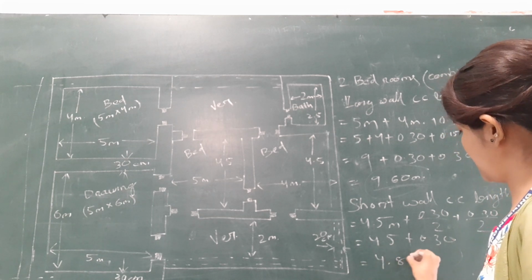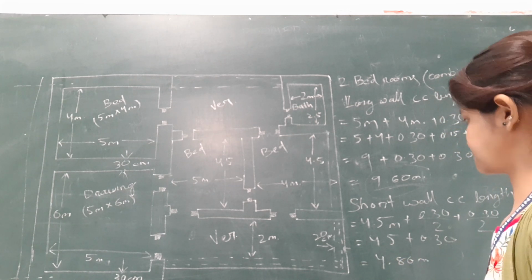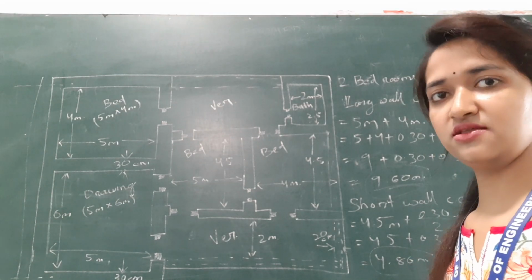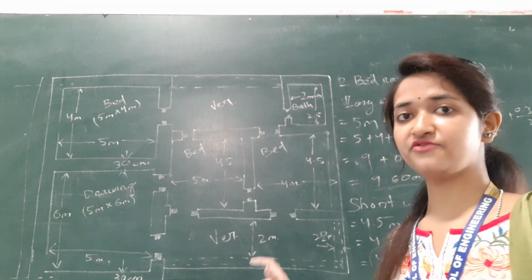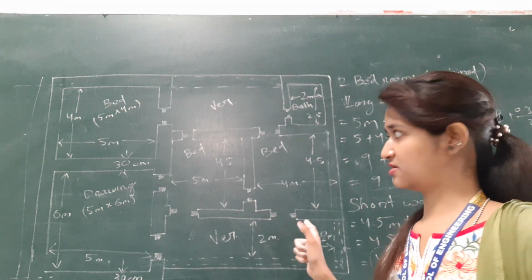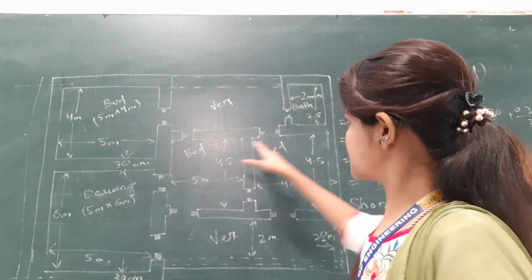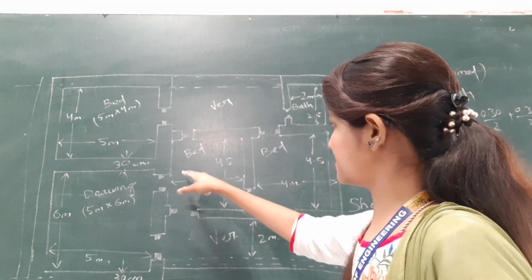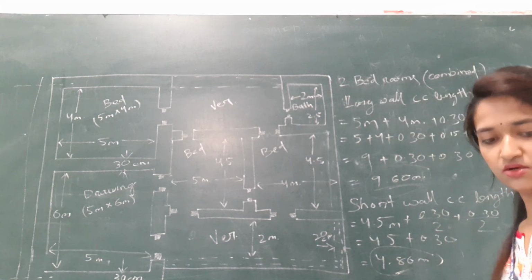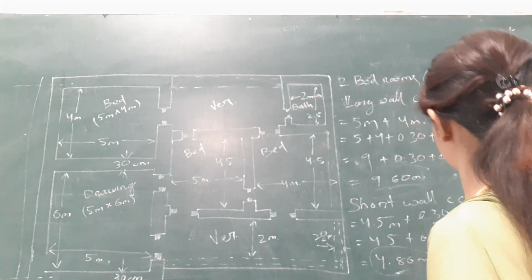So 0.80 meter. This is the center to center length of the short wall for which? For this area. 2 bedroom combined. Okay. The long wall we have also calculated and the short wall is done.